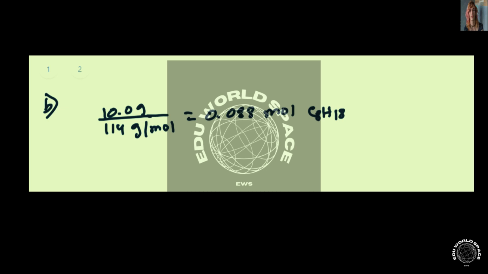So this is the number of mole of octane for 10 gram of octane. And now we have to find out how many moles of oxygen is needed to burn this much mole of octane. And from that number of mole of oxygen, we can find out how many grams of oxygen we need to burn 10 gram of octane.